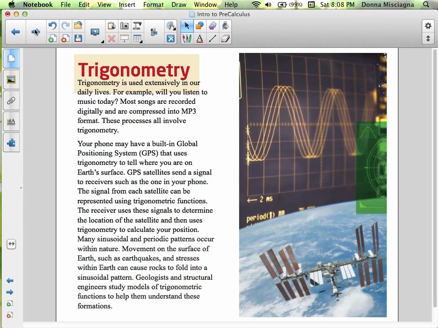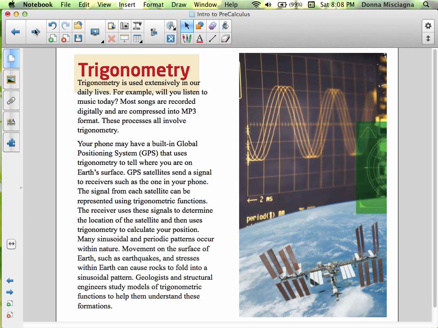Many sinusoidal and periodic patterns occur within nature. Movement on the surface of the Earth, such as earthquakes and stresses within Earth, can cause rocks to fold into a sinusoidal pattern. Geologists and structural engineers study models of trigonometric functions to help them understand these formations.